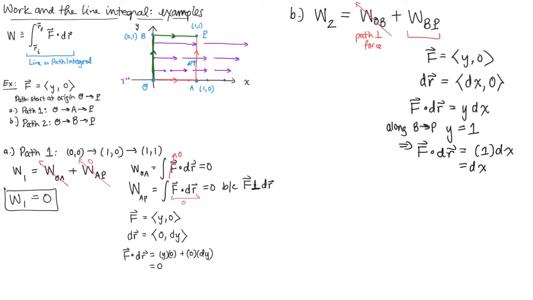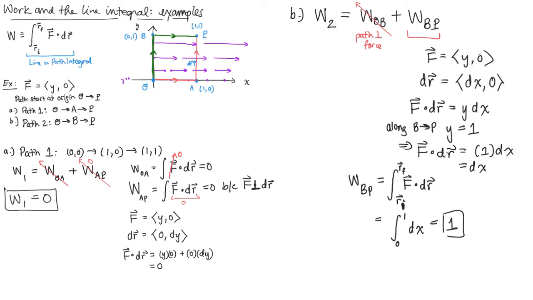And so this integral, let me write it out. It's the integral of F dot dr from r initial to r final, but we showed that F dot dr on this path is simply dx, and we're starting at x equals 0, and we're ending at x equals 1, and when we do this integral out, we get 1.